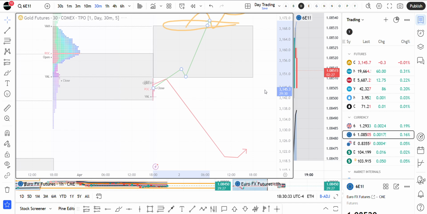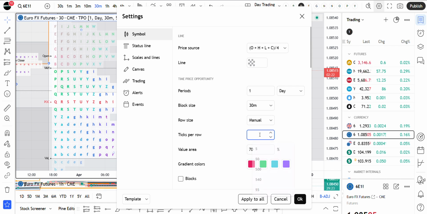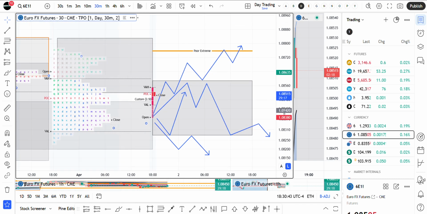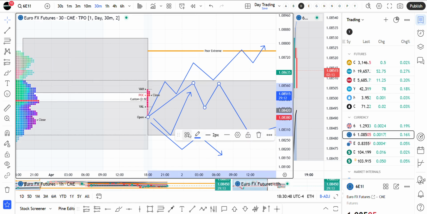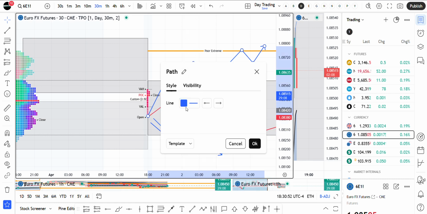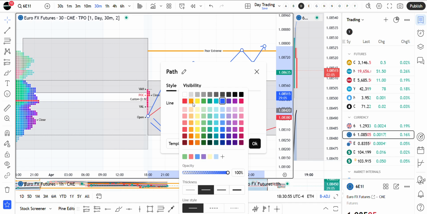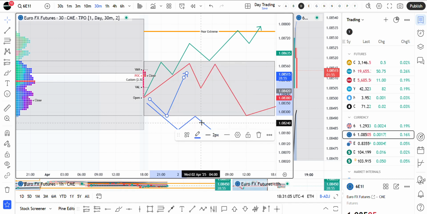So that we have something to measure it against. Okay, one would be usually 2. First idea is bounce, red. Second idea is breakout, green. And then third is this one, which I'm gonna keep blue. I'm not really interested in the fourth.